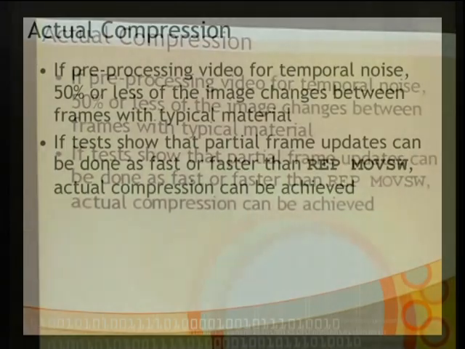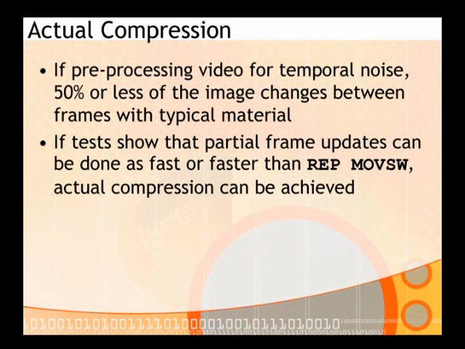You could also, if you've got decent temporal noise filtering and or your source doesn't move very much, start to do actual compression. You could compare the later frames to the previous frames and only store the changes between them. And then if you can write an assembly routine that can update the frame with just those changes at the same rate or faster than a full move, you can achieve actual compression.